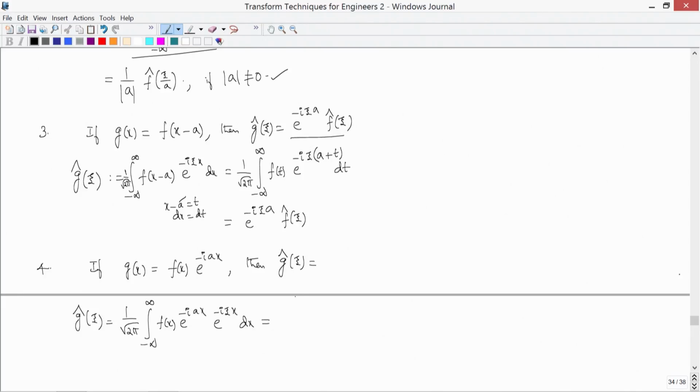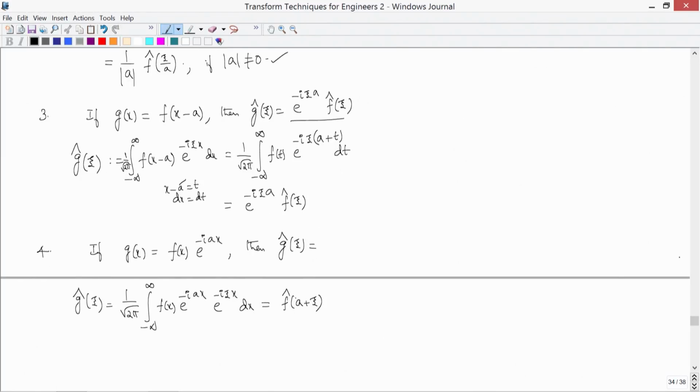So you combine this, and this is exactly the Fourier transform of f at a plus xi.